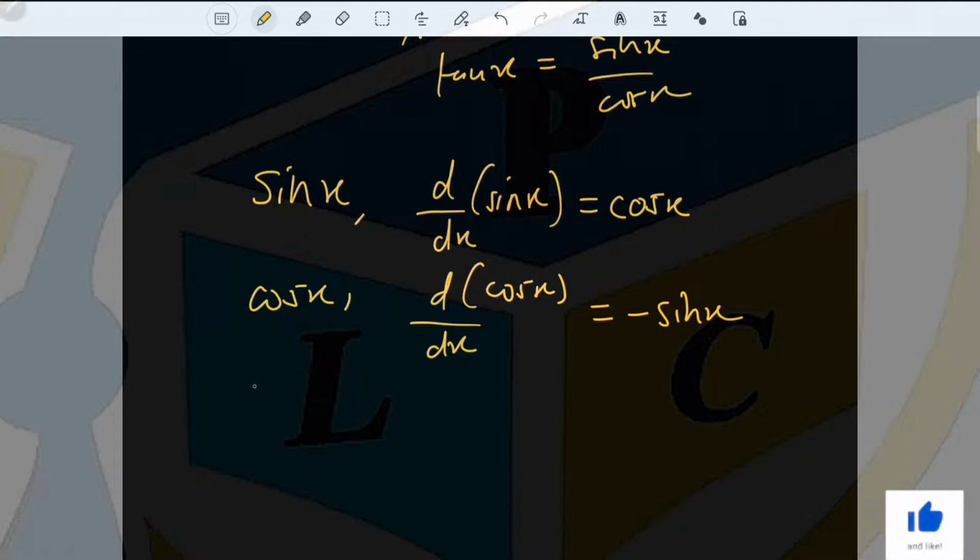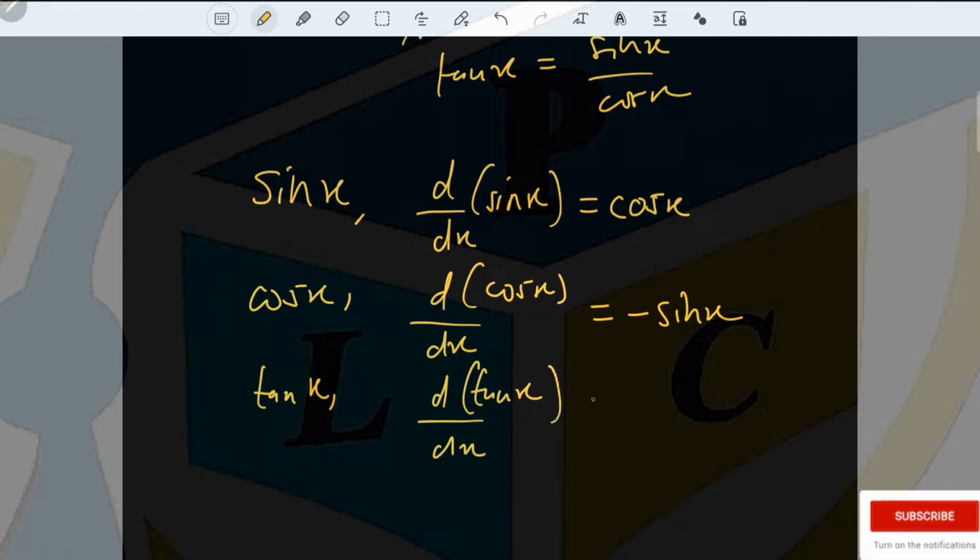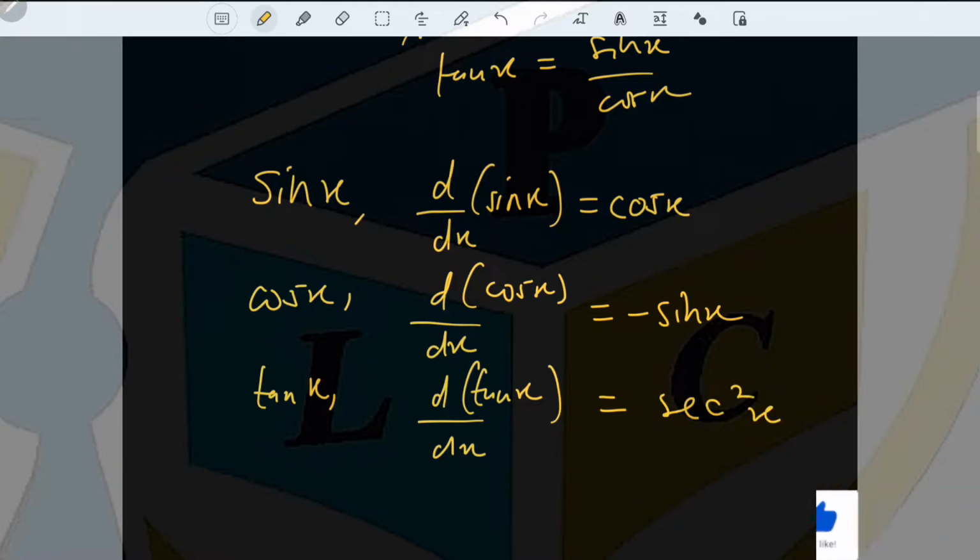Now, when it comes to the differential of tangent, tan x, the differential of tan x results in secant squared x. So that is the base rule.